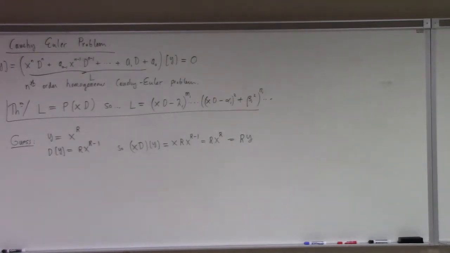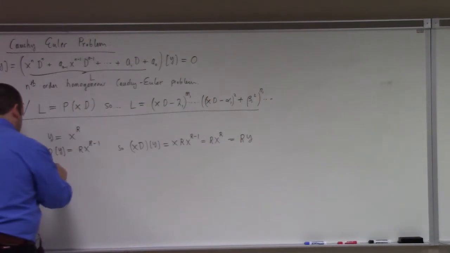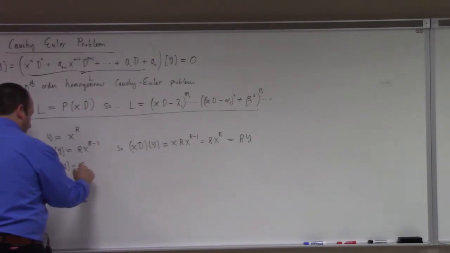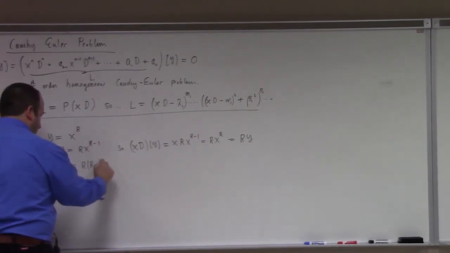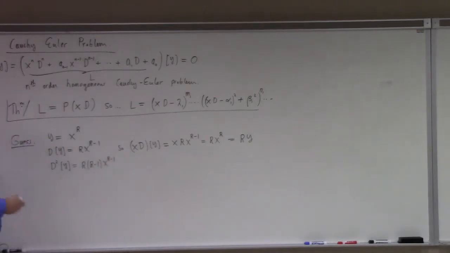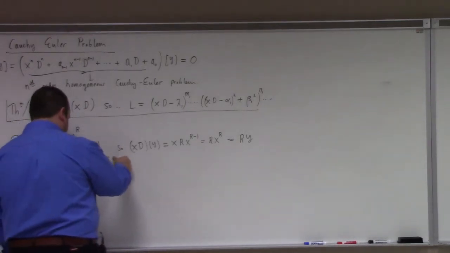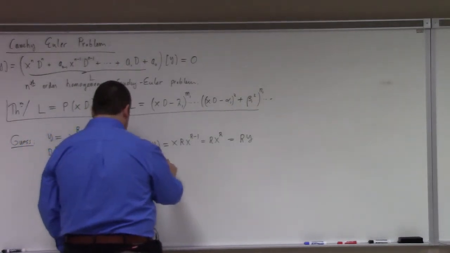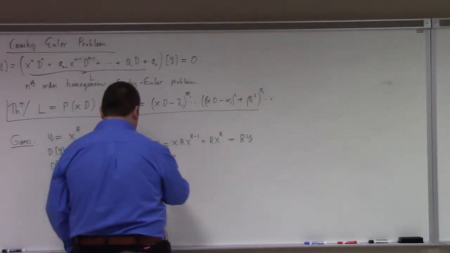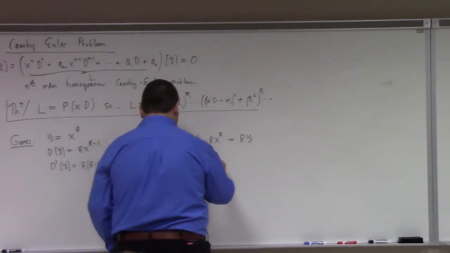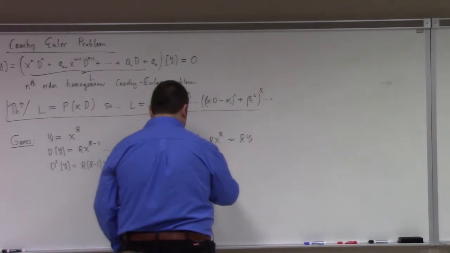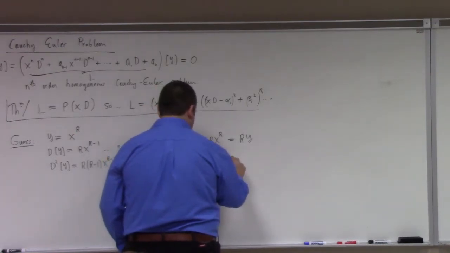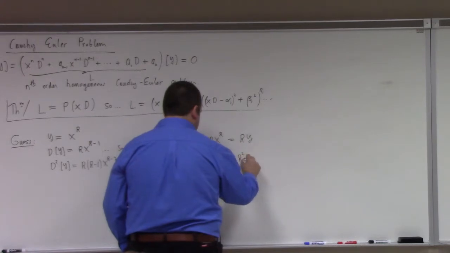What happens when we differentiate two times? What's d squared acting on this y? It's r times r minus 1 times x to the r minus 2. So x squared d squared acting on y gives us r squared x to the r, also known as r squared times y.